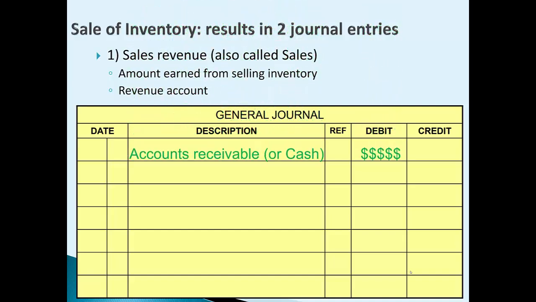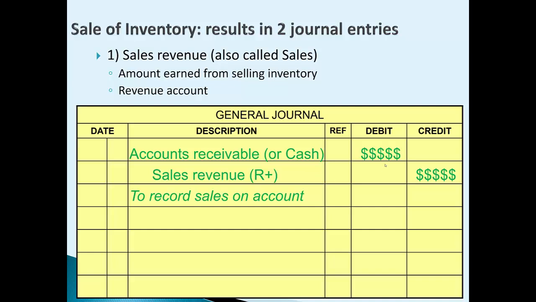So the debit's either going to be AR or cash. And then we have to record the revenue. Remember, sales revenue is a revenue account, hence the R in parentheses, and it's going up. So we are recording a sale on account. If it's a cash sale, we'd be using cash instead of accounts receivable.